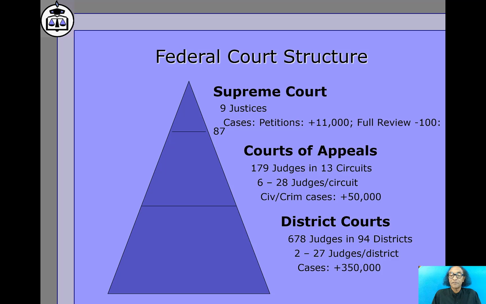Again, not a right of appeal, but a petition to have your case reviewed. We have 179 judges in the courts of appeal, 670 judges in the district court, and so you can see we don't have that many courts of appeal judges, and they handle over 50,000 appeals.